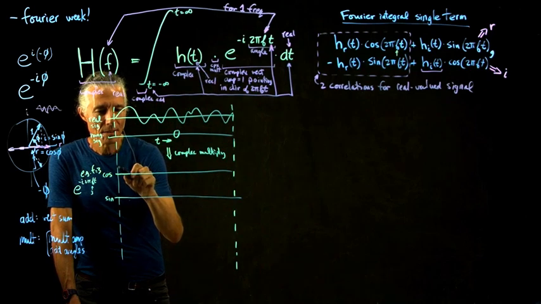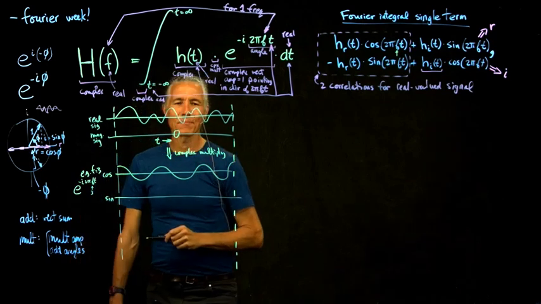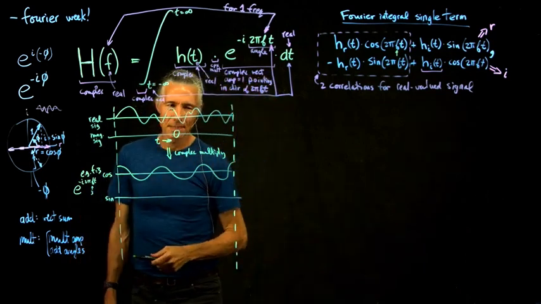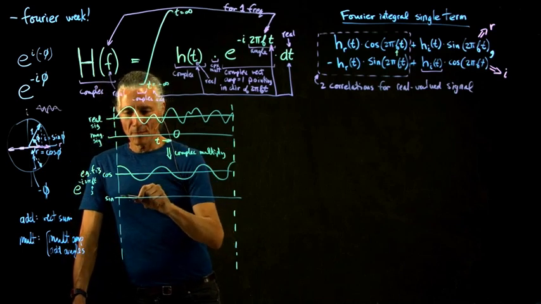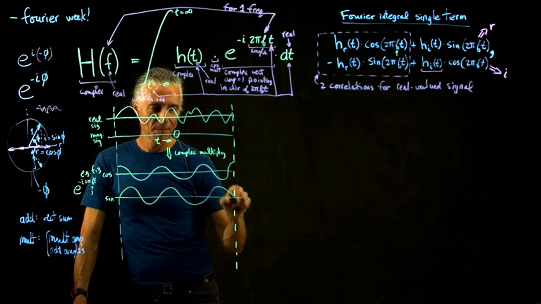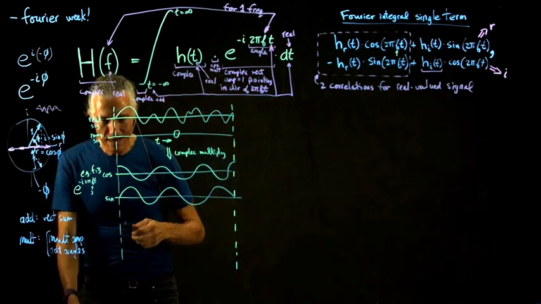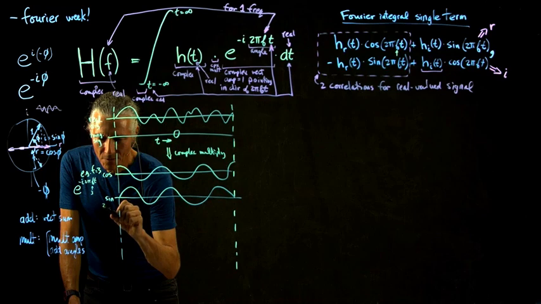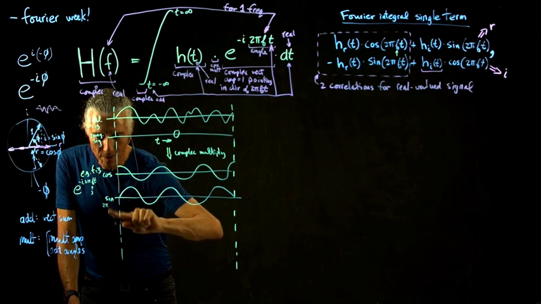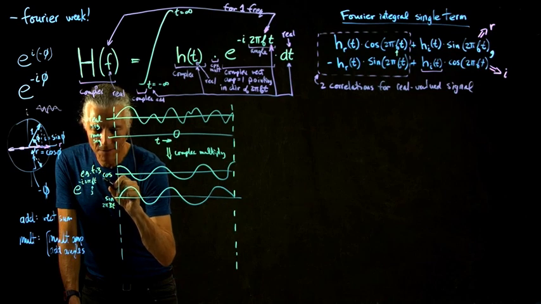So let's draw 1, 2, 3, almost. Okay, so that's our cosine of 3 bumps. And then what's a sine of 3 bumps? So that's our sine of 2 pi 3t. And this is cosine of 2 pi 3t.